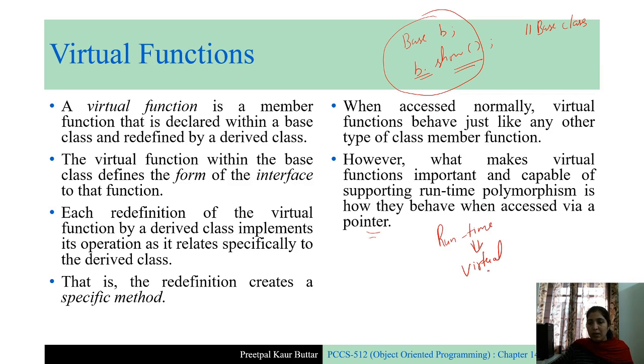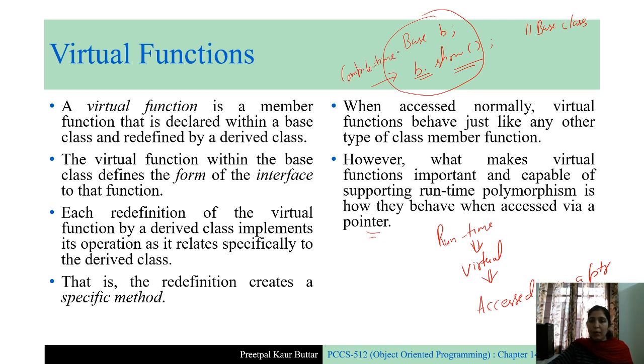Virtual functions are capable of supporting runtime binding when they are accessed via a pointer. When they are accessed normally, they are not able to support runtime binding. Here only compile time binding will happen, no runtime binding will happen.